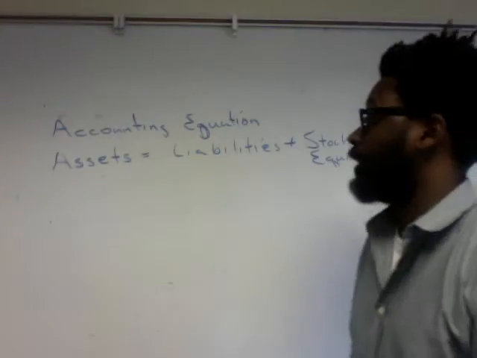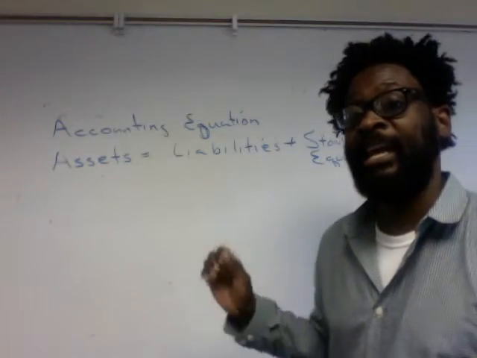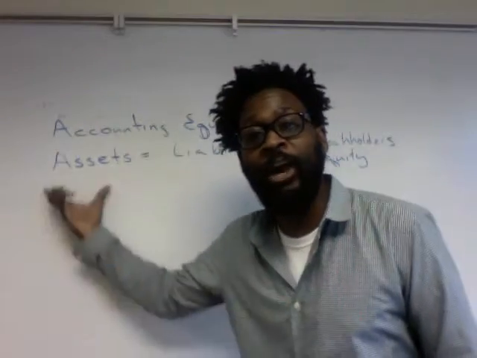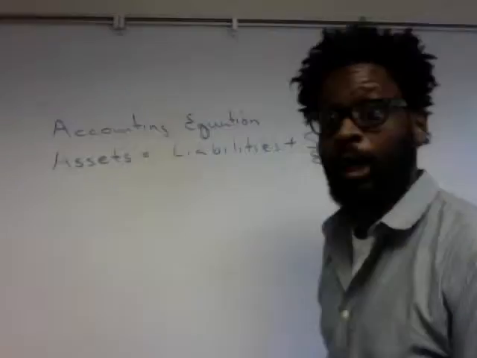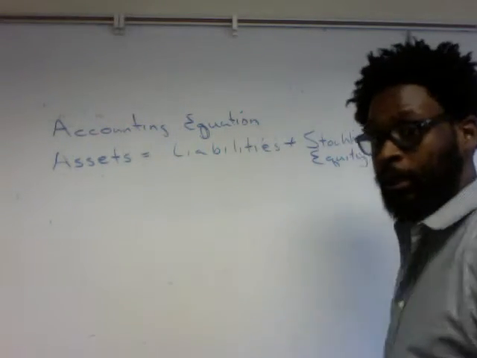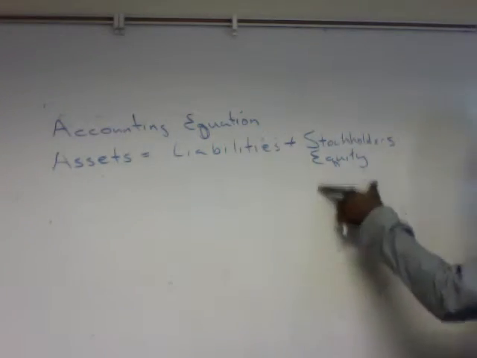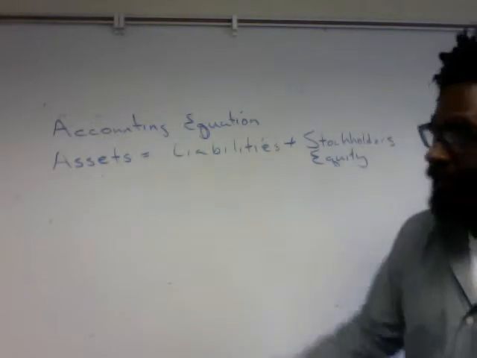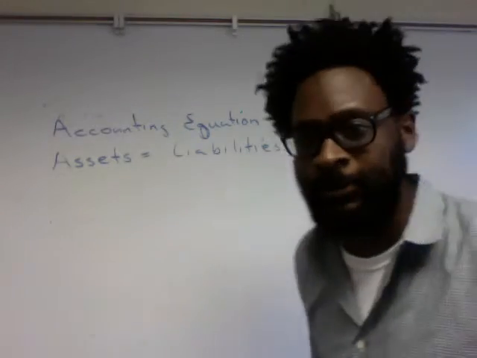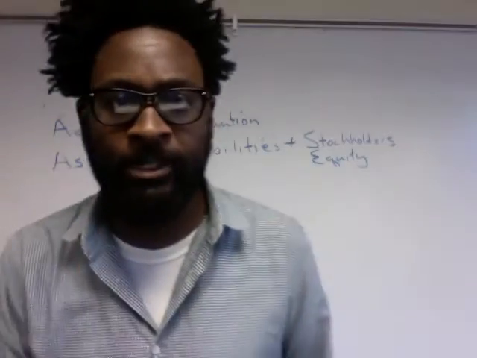Very easy. Basically, we're saying that at any given time, the value of your total asset accounts must always equal the value of your liability accounts plus the value of your stockholders' equity accounts. That's what that means.